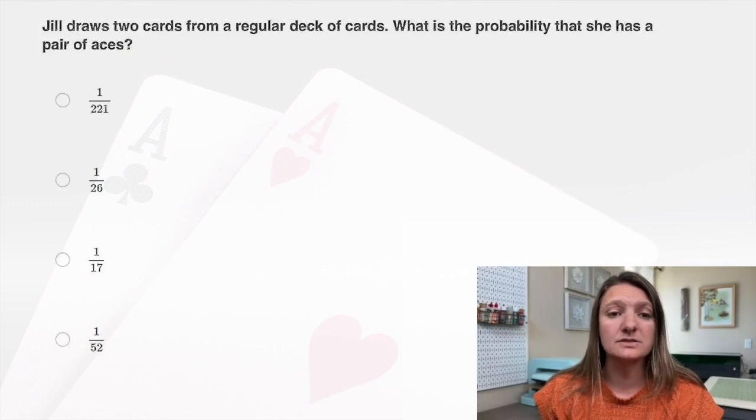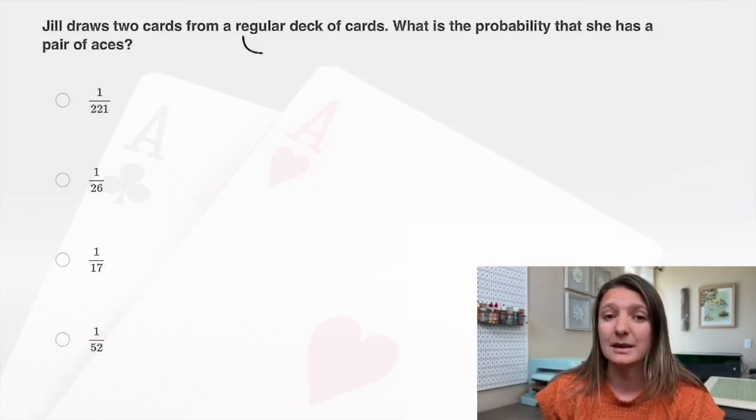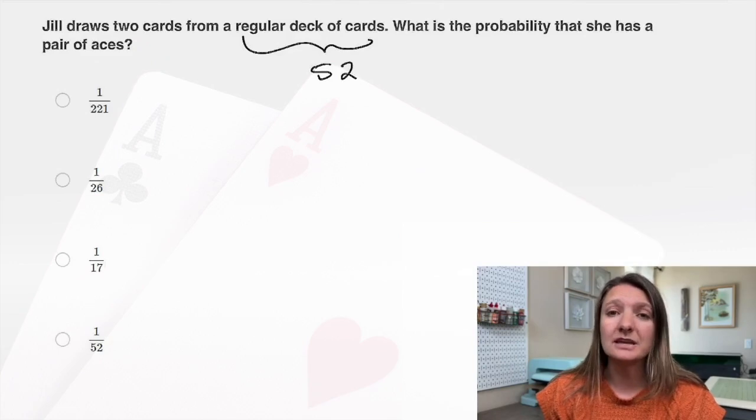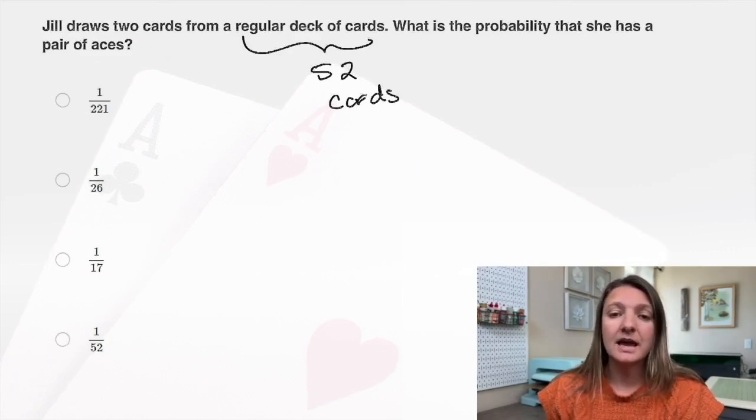Jill draws 2 cards from a regular deck of cards. What is the probability that she has a pair of aces? When we're looking at a regular deck of cards, we have to know that there are 52 cards in that deck. And we are looking at drawing a pair of aces.